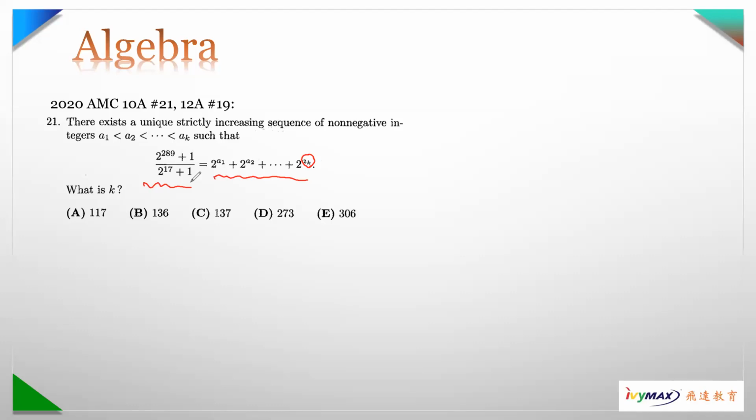So I can rewrite the expression: 2 to the power 289 plus 1 over 2 to the power 17 plus 1. Be careful, I cannot just square that, because doing so would give 2 to the power 34. So what I need to do is take (2 to the power 17) to the power 17, plus 1, over 2 to the power 17 plus 1.